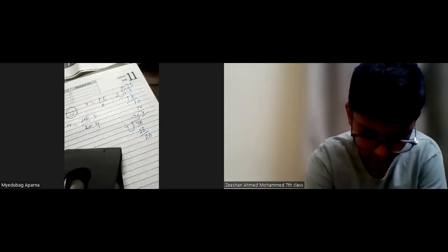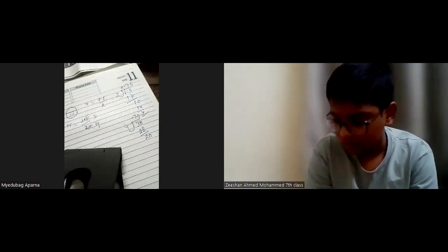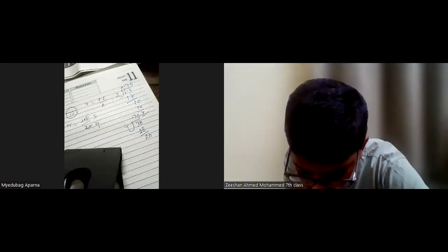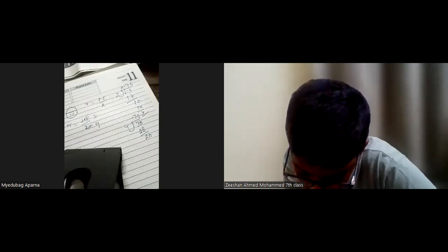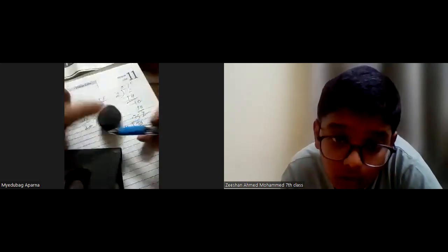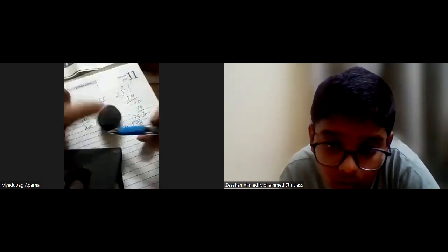How much length do you have to take? That means what do you have to find? The length around that.